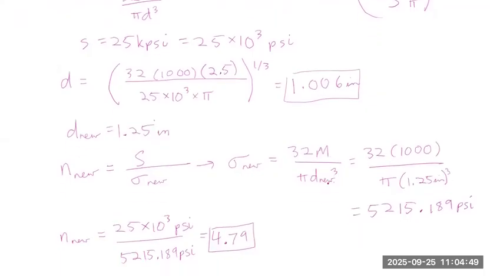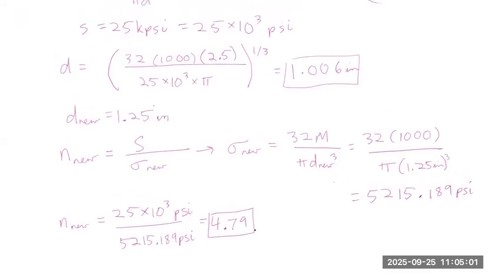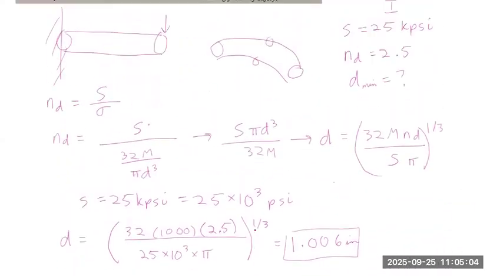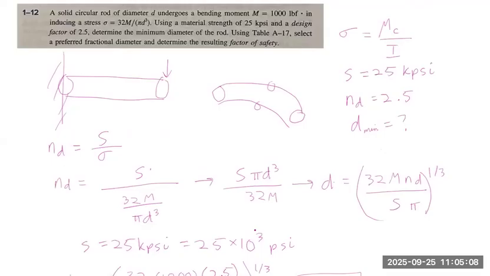And it might be even better to choose a higher diameter to have more strength. And 1.25 inches is more standard and more easily manufactured in that sense. So the new factor of safety that we'll have is actually larger, which is better. That's why we choose a diameter greater than or equal to the one that we have.